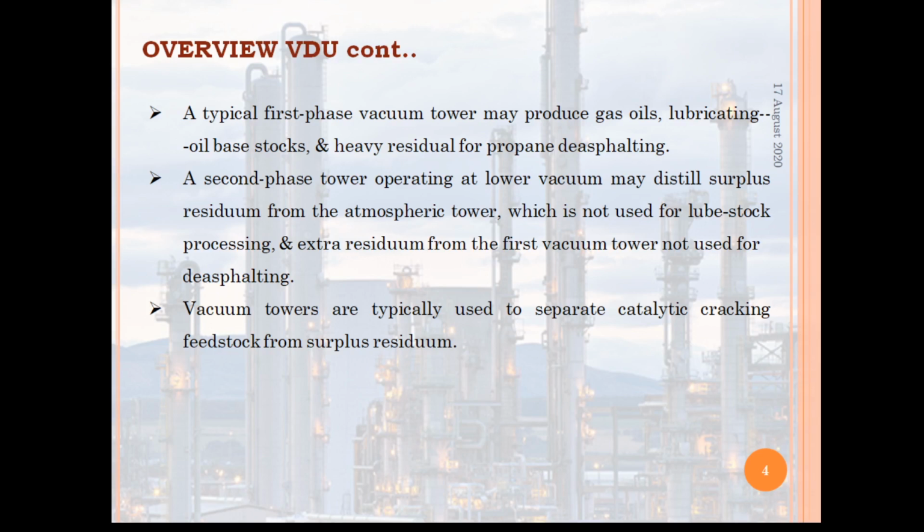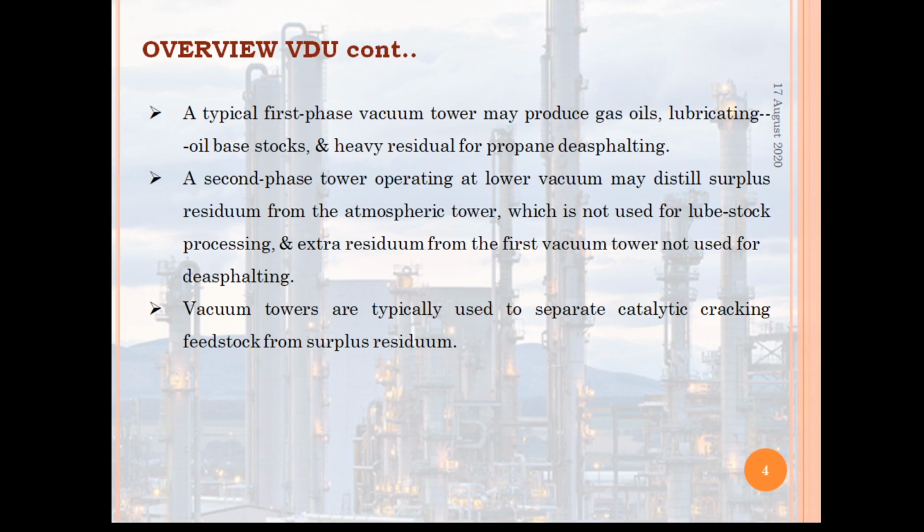Next, a typical first phase vacuum tower may produce gas oils, lubricating oil base stocks, and heavy residual for propane deasphalting. So as I have mentioned, it may produce gas oils, lubricating oil base stocks, and the heavy residual which is used for the propane deasphalting process.